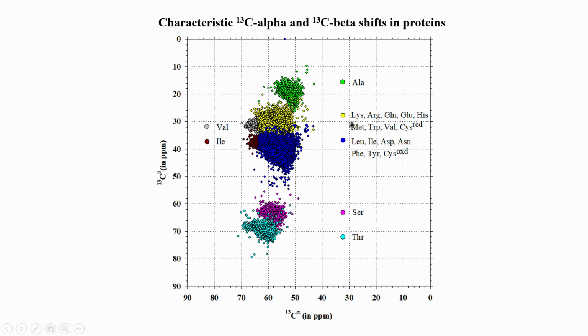Of course, here yellow means all of them could be here. So, it does not tell us between these amino acids. Similarly, blue color is the full set of these amino acids, we cannot distinguish within this set, but still we are able to get some information which was not available from C alpha. So, a combination of C alpha and C beta is helping us to achieve that information.